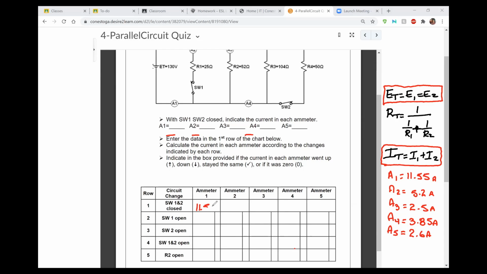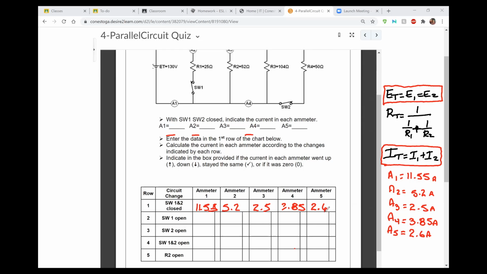I'm going to write them down once more. Okay, perfect. So let's keep going.